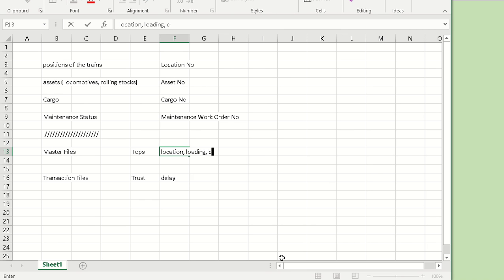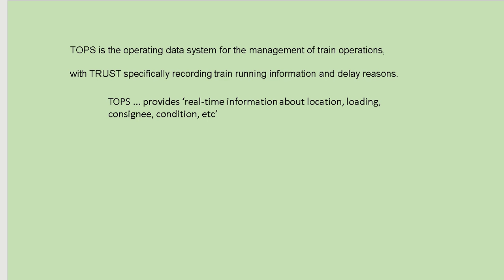Location, loading, consignee, etc. are in the TOPS. Whereas in the transaction file, these are the delay, time of running, and so on and so forth. Together, you will be able to identify the errors in the system.